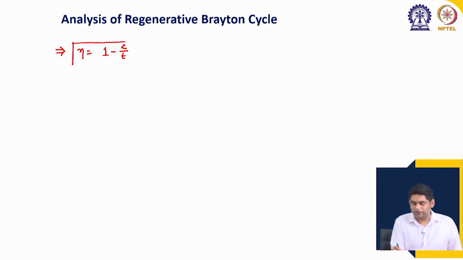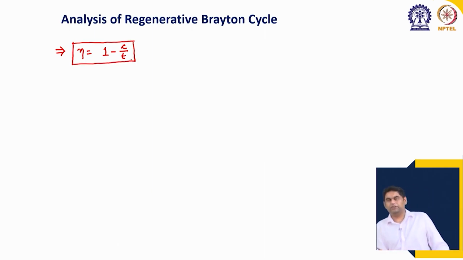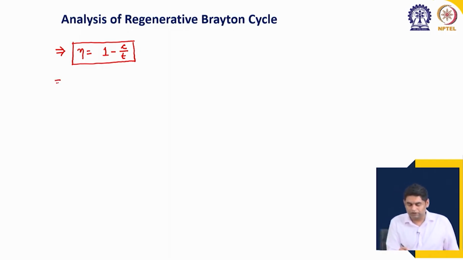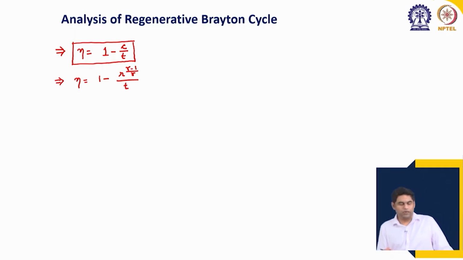But unlike the standard Brayton cycle, in this case the efficiency is a function of both the pressure ratio as well as the temperature ratio, not only the pressure ratio. So, this can also be expressed as eta equal to 1 minus r to the power (gamma minus 1) by gamma divided by T. Okay. So, now it is a function of both r and T.